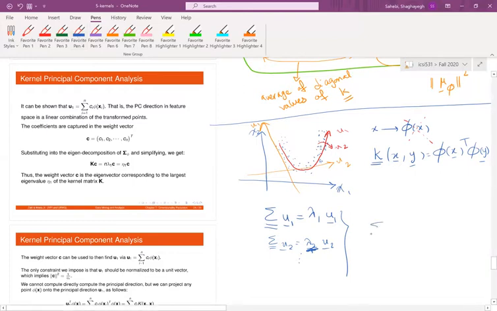So we had sigma, matrix U, is equal to the diagonal matrix lambda multiplied by matrix U. This was our PCA in the original space that we had.